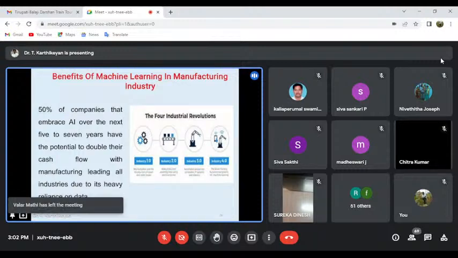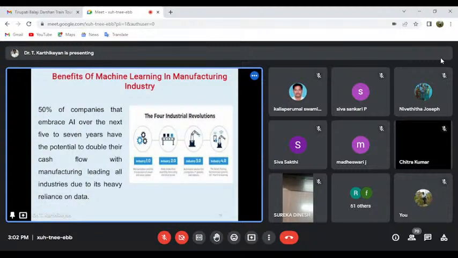So artificial intelligence and machine learning in manufacturing can result in a significant increase in efficiencies. The efficiency can be improved. Why? Because the machine itself is learning the faults. Based on that, it will act in the future and help in creating new business opportunities.